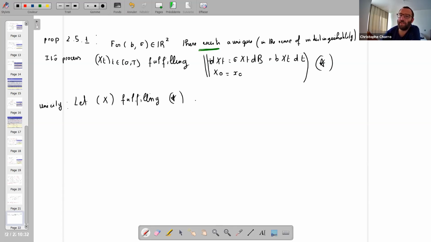Since I know that the geometric Brownian motion fulfills what I want, let X fulfill this equation, and let's prove that X_t and S_t are indistinguishable.